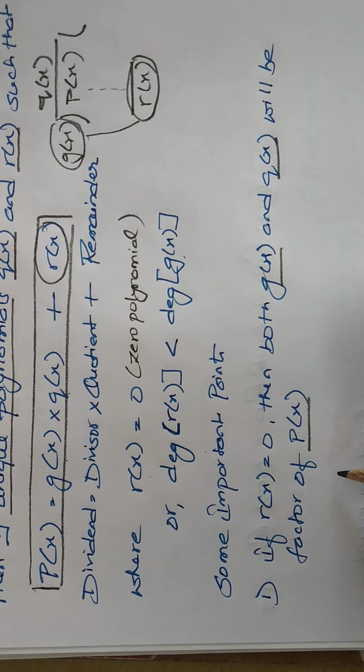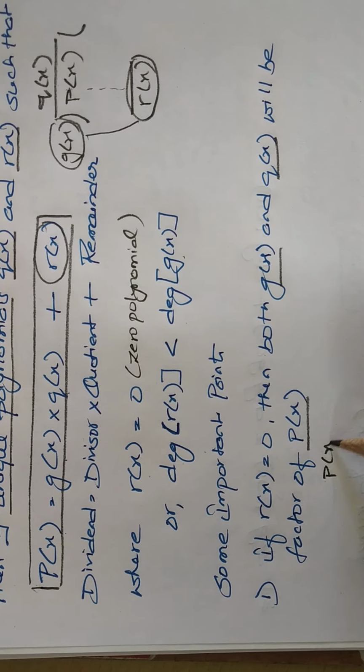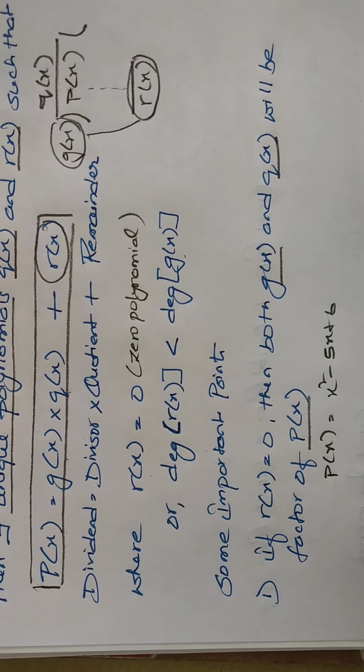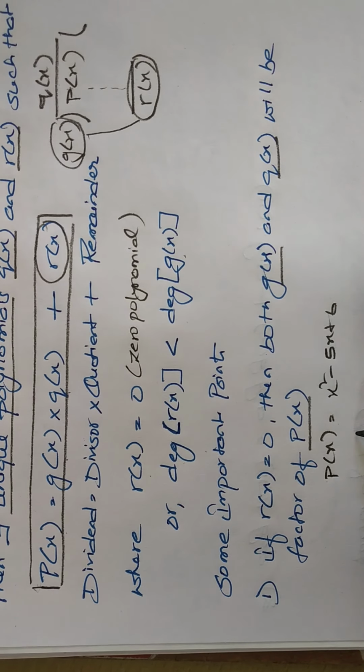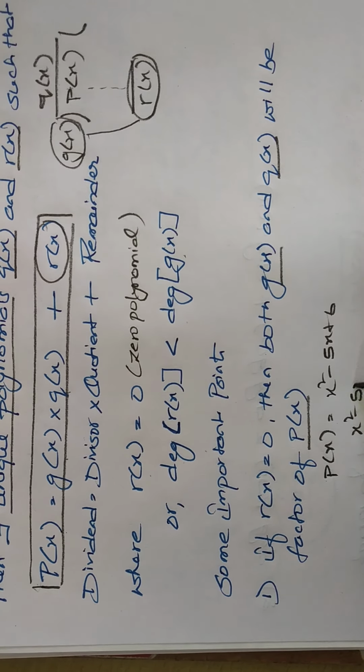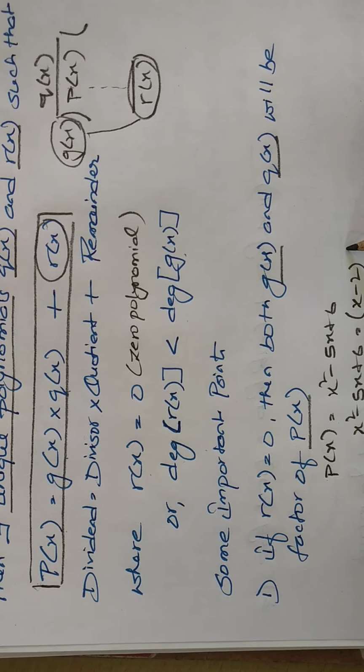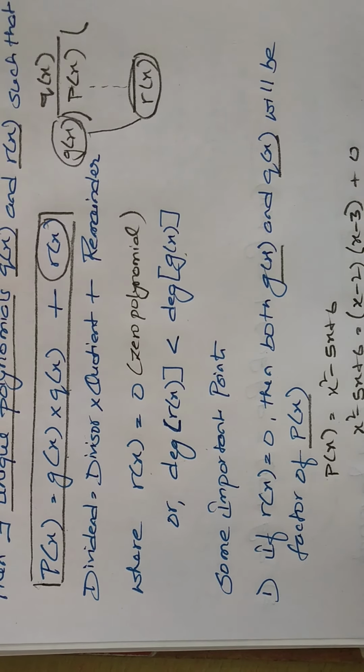For example, let p(x) equal x square minus 5x plus 6. Then x square minus 5x plus 6, if it is divided by x minus 2, the quotient comes out to be x minus 3 and the remainder in that case will be 0.